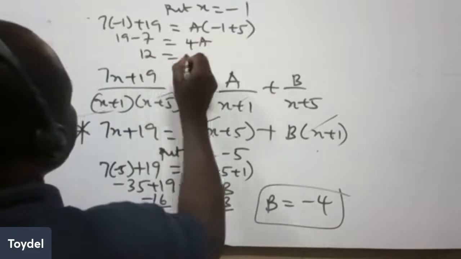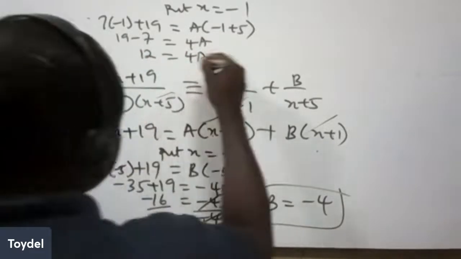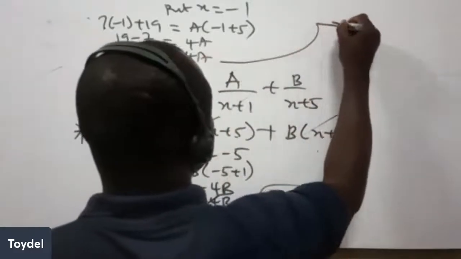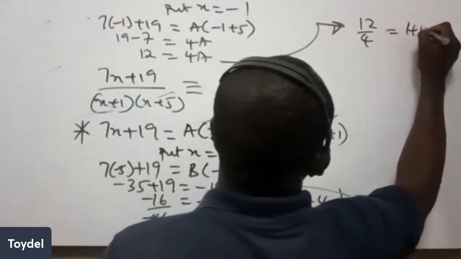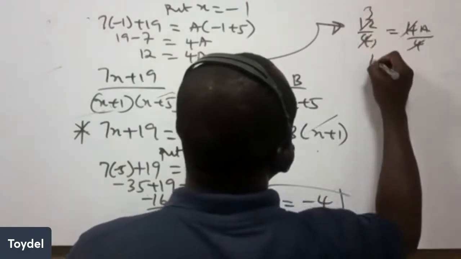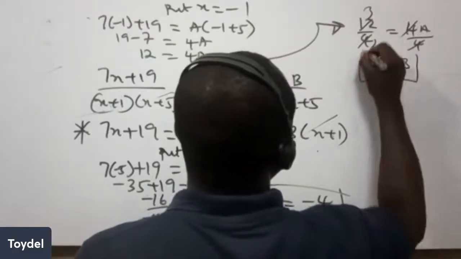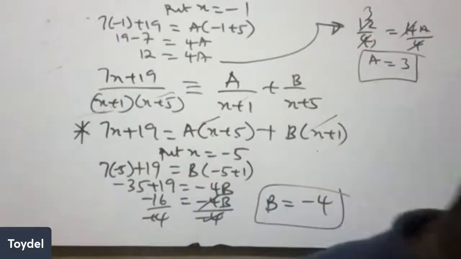So 12 is equal to 4A. Then let's divide both sides by 4. So A is equal to 3. So we are getting the value of A to be 3 and B to be minus 4.